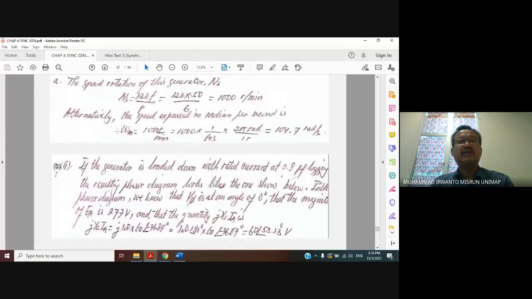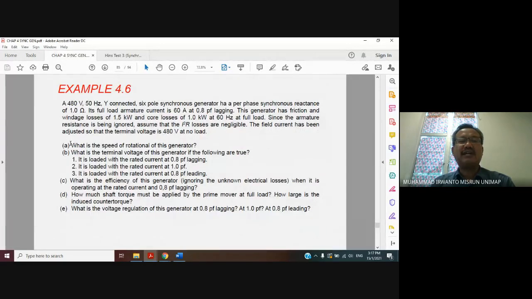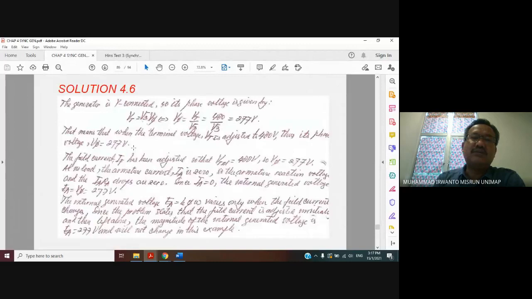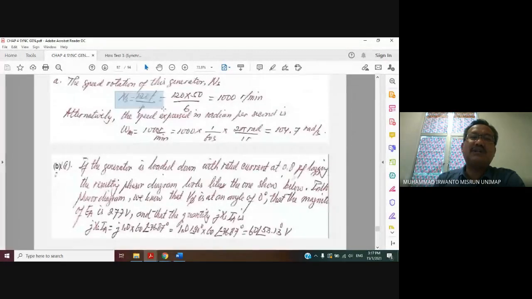Okay, question A: what is the speed of rotation of this generator? This value we can find from the formula for synchronous rotor speed, which is given by N_s equal to 120 F over P. F is given in the question, and P is also given in the question.